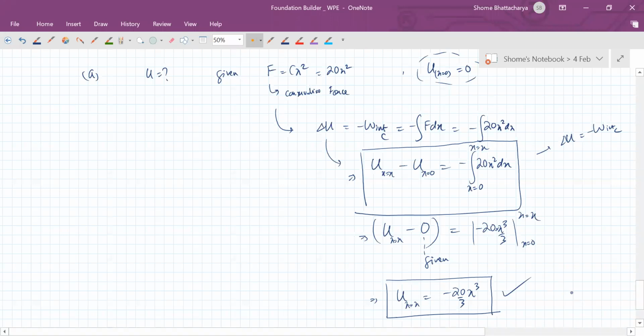This is U as a function of x, the potential energy as a function of x, where the potential energy is in joules for x given in meters.